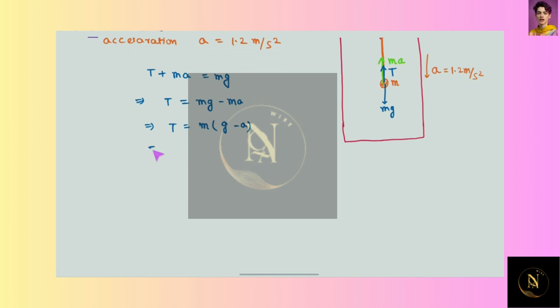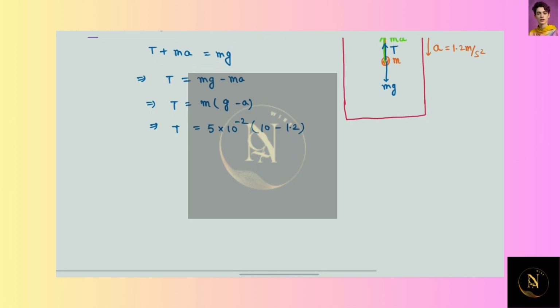As m is equal to 5 into 10 power minus 2, g is 10 and a is 1.2, on simplifying this we will get T equals 0.44 Newton.